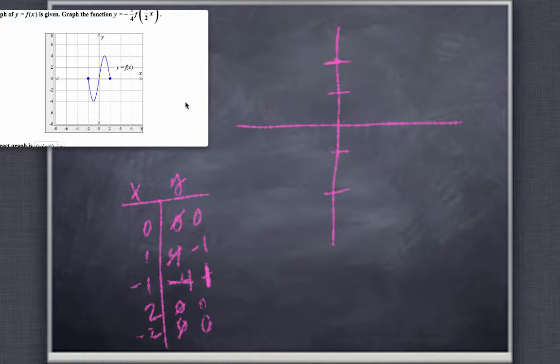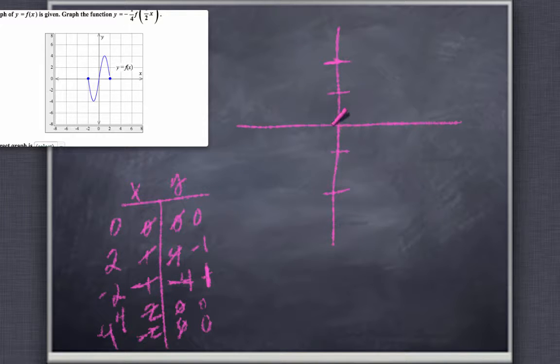So you could do it in 2 steps, but we have to do 2 things to it. One is multiplied by a negative and one is multiplied by a 1/4. On the x's, though, we need to multiply them by 2. So that's still 0, 2, negative 2, 4, negative 4.